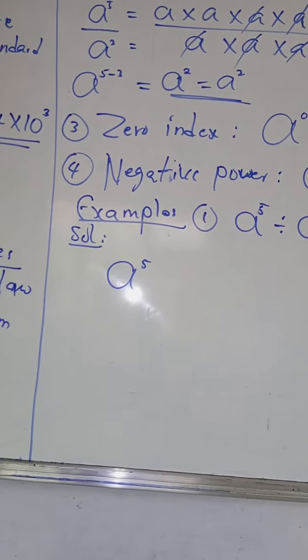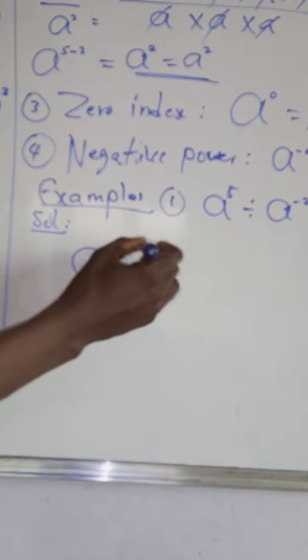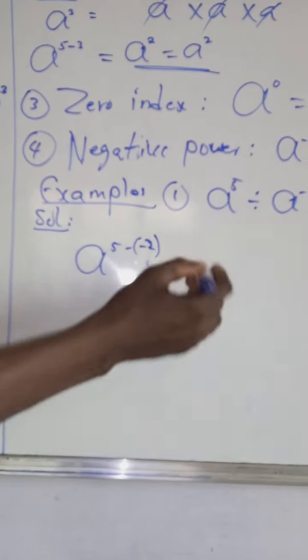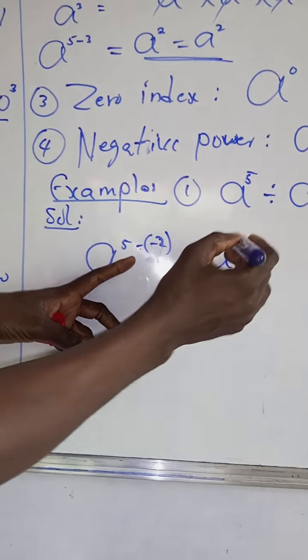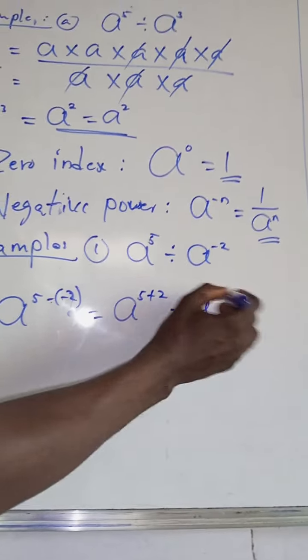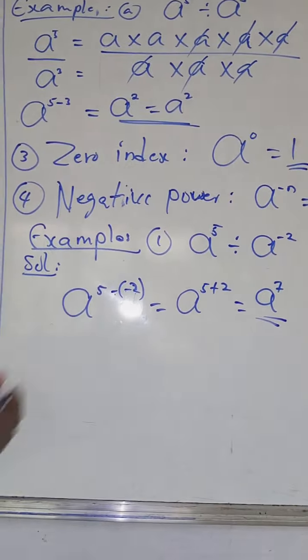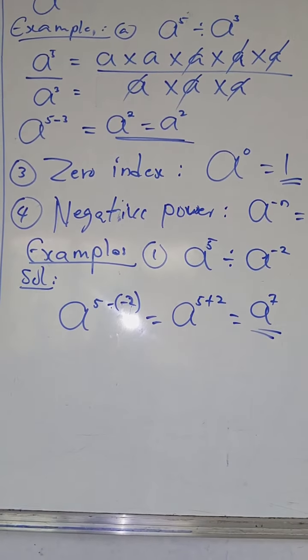I need to subtract. So it will not be minus. But this thing has minus 2. Oh, this example will not even give me what I want, but then let me solve this one. So minus times minus is plus, a raised to power 5 plus 2. So this is a raised to power 7. Of course, this one did not give me exactly what I want.